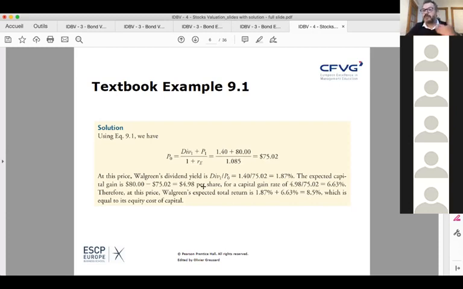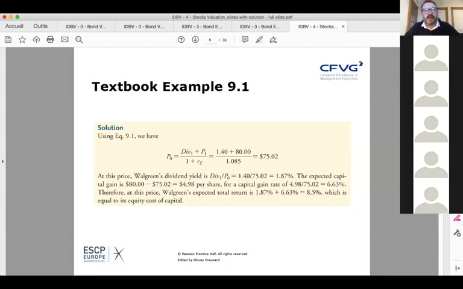Because it becomes a positive NPV project for you. If the value of the stock on the market is $80, for you the value is 75, on the market it's 80. Since you've been able to calculate the potential value of it, you should not buy it because it's more expensive than what you think it's worth. Okay, so this is how we can use this formula.